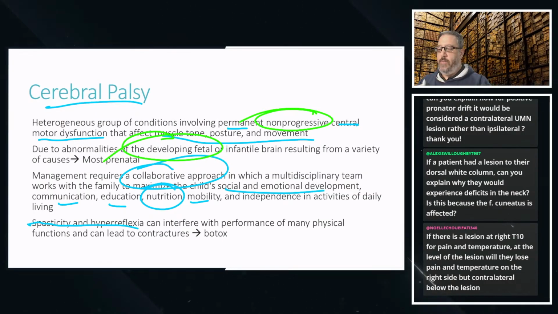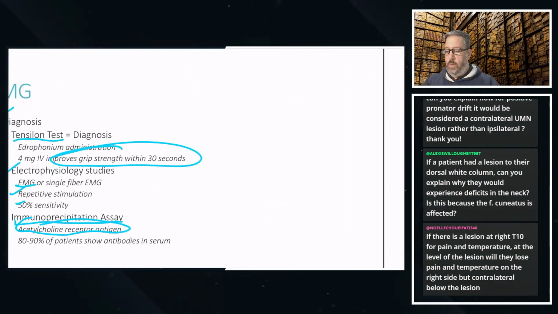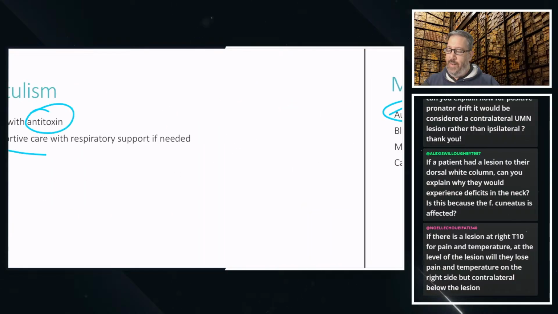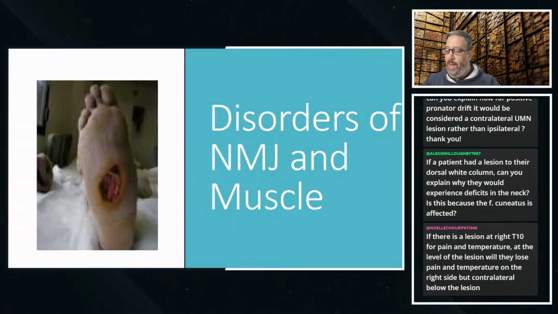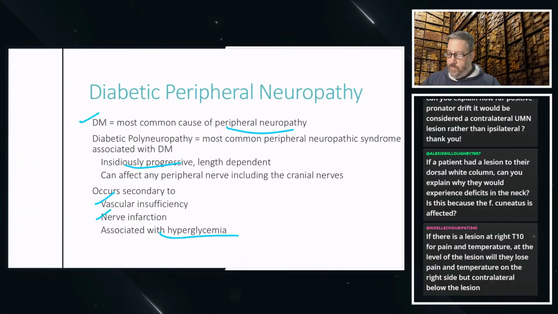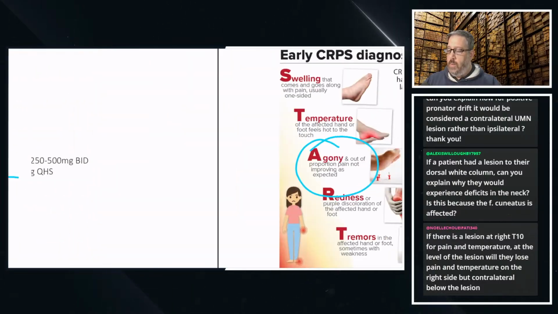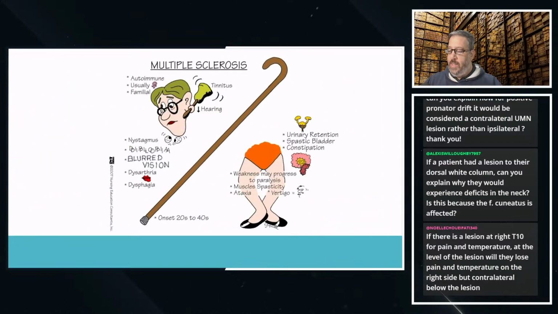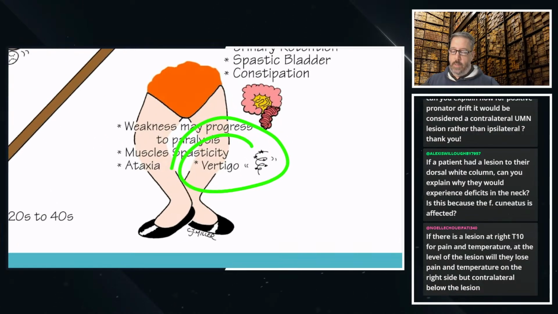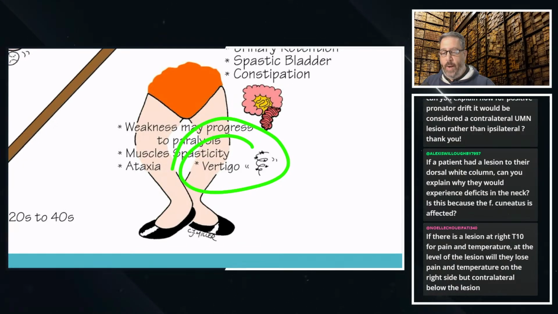And MS and vertigo. It's not really vertigo per se, but it's also balance issues. So remember with MS, due to the weakness, remember with multiple sclerosis, it's anywhere, anytime, and space.